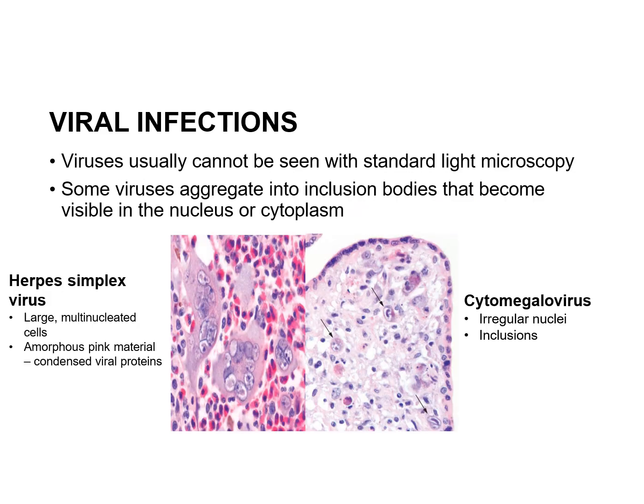All right, viral infections are a little rude because the actual virus is too small to see on standard light microscopy. So in histology, we're not spotting the criminal, we're looking for the crime scene. That's why the second bullet matters.